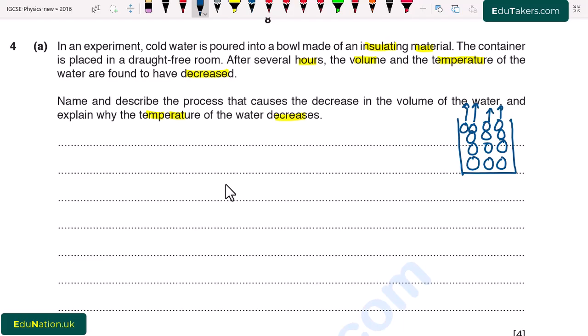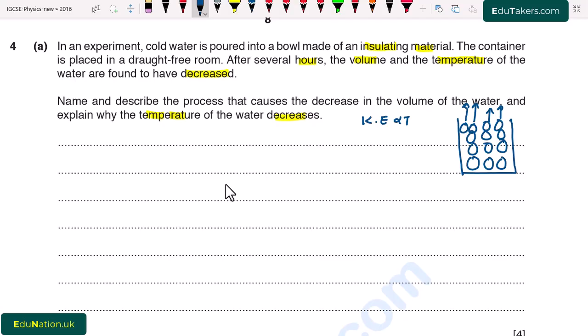So there are only the low energy molecules of the liquid here. As a result, the average kinetic energy of the molecules decreases, and kinetic energy is proportional to temperature. When the average kinetic energy decreases, the temperature of the system decreases. As a result, the volume and the temperature of the water decrease.